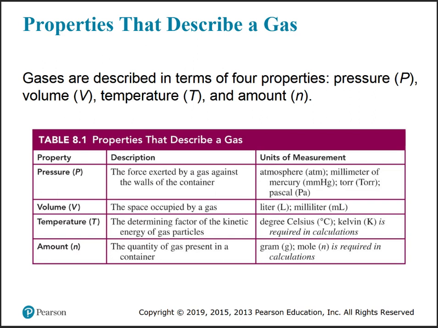That force is called the pressure. The volume is the container of the gas. Temperature, we just talked about with the kinetic molecular theory, the average kinetic energy of the particles in a container, that's the temperature in Kelvin. The amount is the quantity of gas that's present in a container.